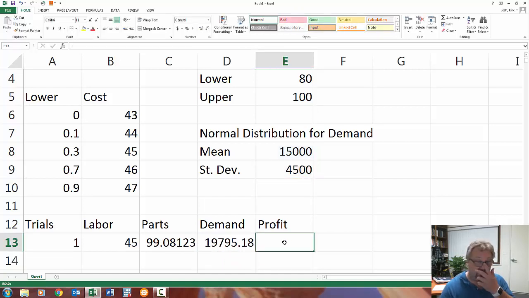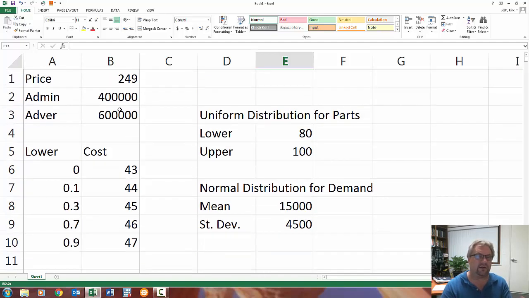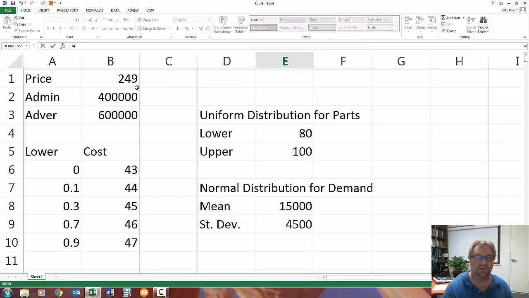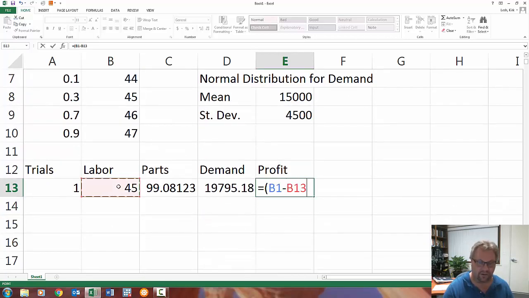Okay, and then finally my profit. Well, profit is just price minus my per unit cost of labor and parts, times the demand. So that's going to give me my variable profit. And then I need to subtract from that my fixed expenses. So to do that, profit is just price minus labor costs minus parts costs, all of that multiplied by demand.